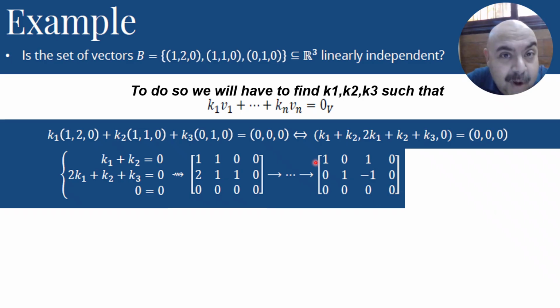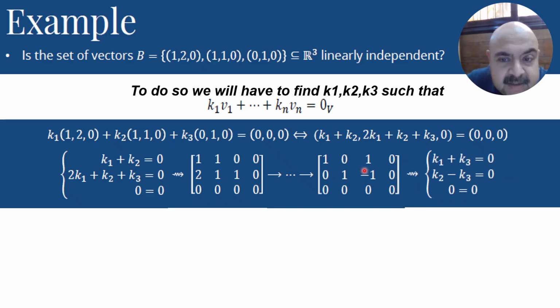So it's going to be K1 plus 0 K2 plus K3 equal to 0 for the first equation. Then 0 K1, K2, negative K3 equal to 0. That's for the second equation. So doing this, you will have this system of equations. That's K1 is equal to negative K3, K2 is equal to K3.